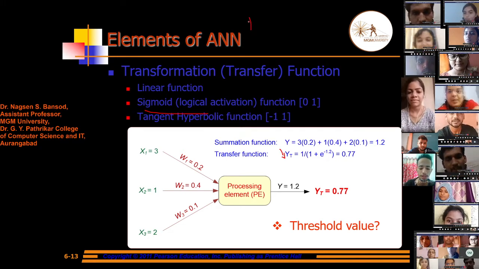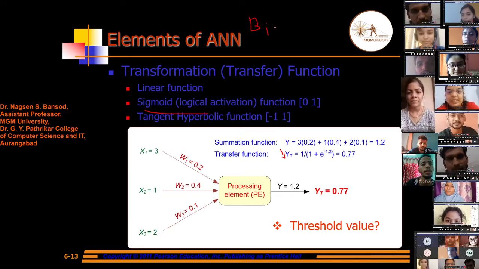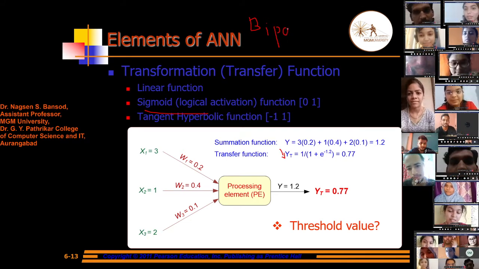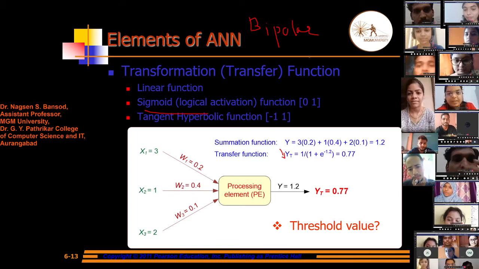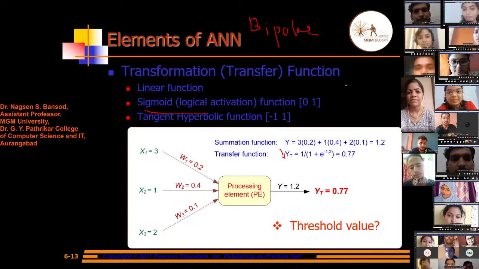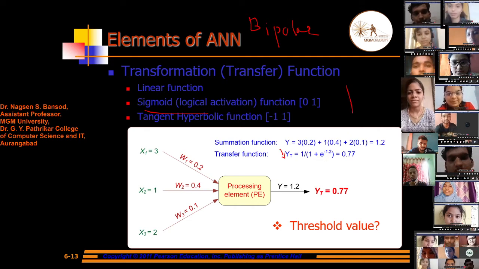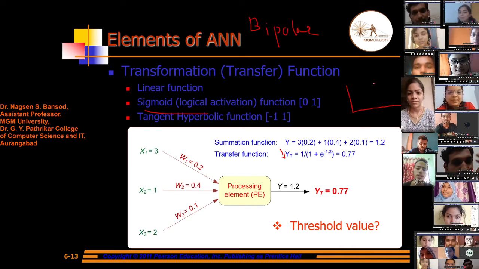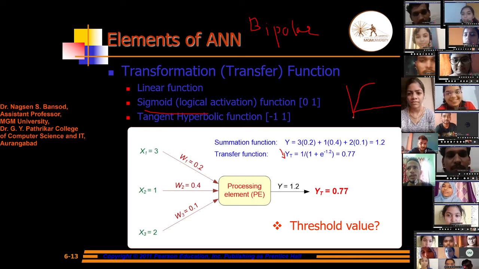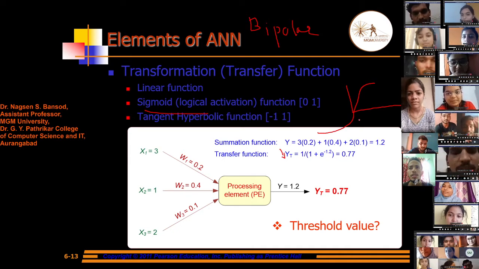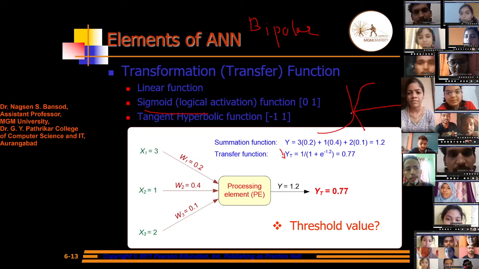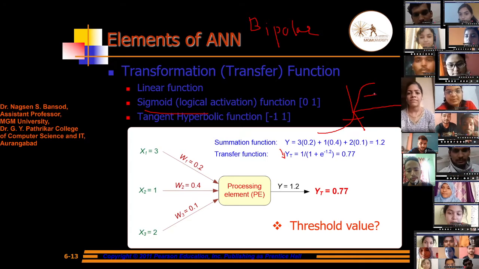Bi means two. Two poles means negative and positive pole. The bipolar sigmoidal activation function will be like this: this is the negative part and this is the positive part.